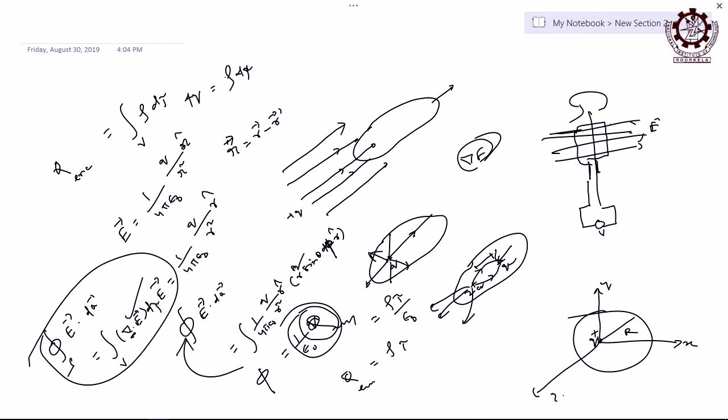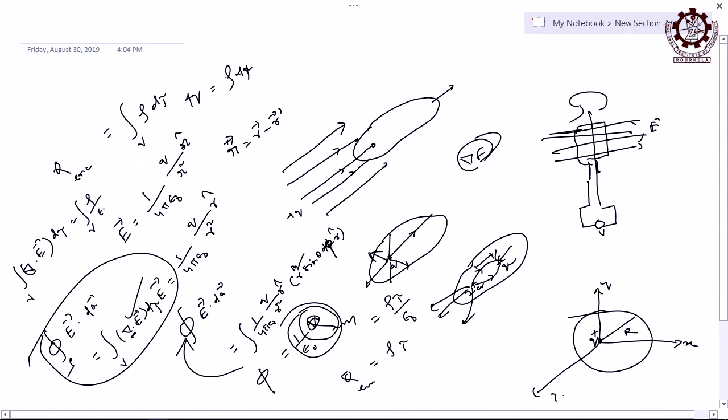Now, how can you write the integration? It will be the volume integration of del dot E over the volume, which is equal to the volume integration of rho divided by epsilon 0 d tau. Both are over the same volume.